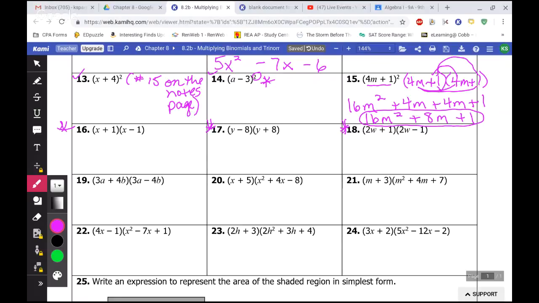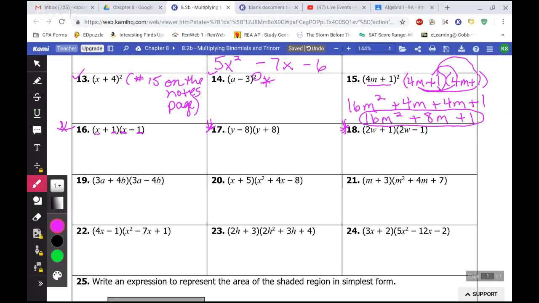When the first term in the first binomial matches the first term in the second one, and the second term in the first one matches the second term in the second one, but the signs in the middle are different, that's called the difference of two squares.